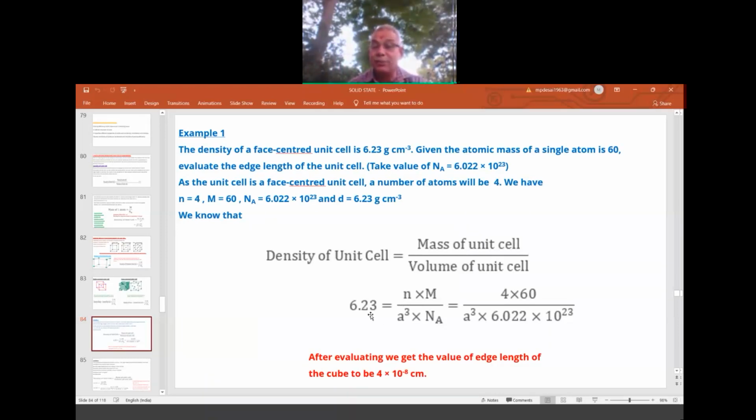Density is already given, and n is 4 here because it is face centered, FCC, into 60, which is the molar mass, into a cube into the Avogadro number. After cross multiplication and evaluating, we get the edge length of that FCC to be 4 into 10 to the power of minus 8 centimeter, which is highly microscopic, very small. In this way, we can calculate the edge using the density formula.